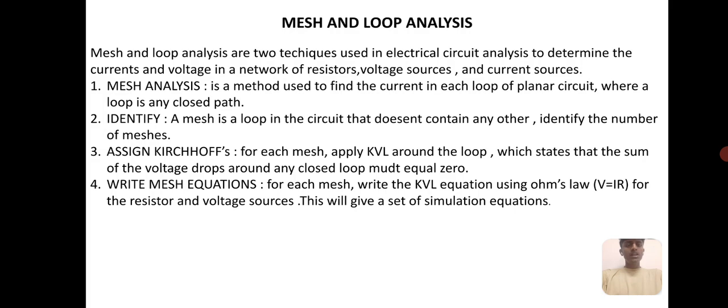Then, Kirchhoff's rule says that for each mesh, apply KVL across the loop. You have studied Kirchhoff's rules in earlier classes. It is the main important rule, which states that the sum of the voltage drops around any closed loop must equal 0.